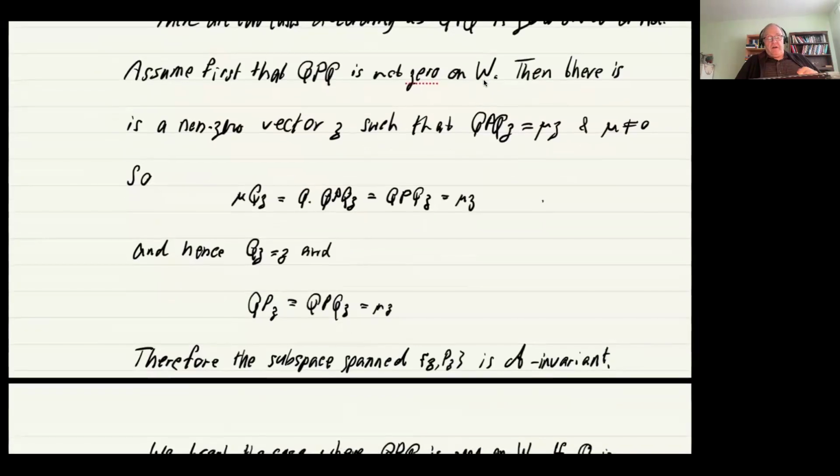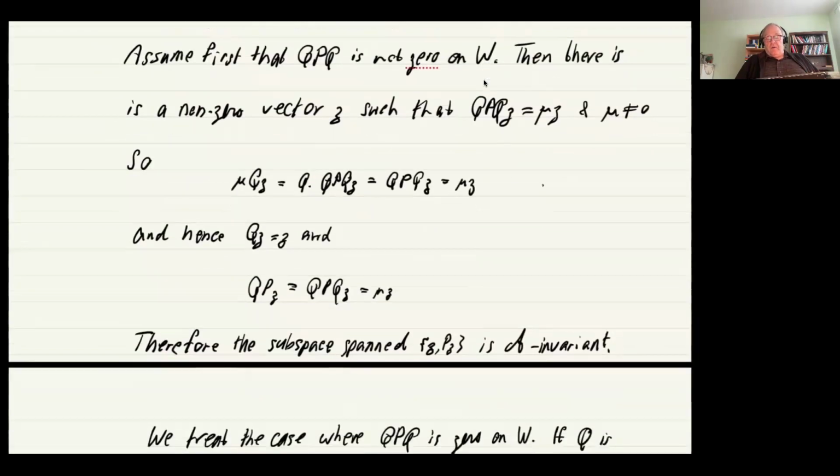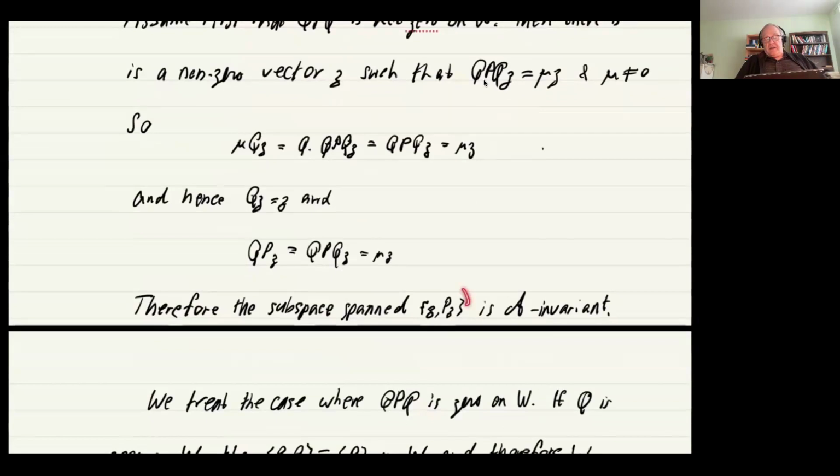Now we also see that Q applied to PZ, well, Z is equal to QZ, so it's equal to this, and that's equal to mu Z. So the conclusion is that this subspace, the span of Z and PZ, is A invariant. Q maps Z to itself and PZ to mu Z. P maps Z to PZ and PZ to PZ. So it's invariant.